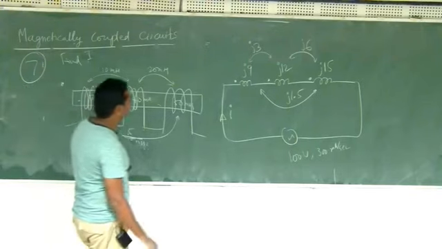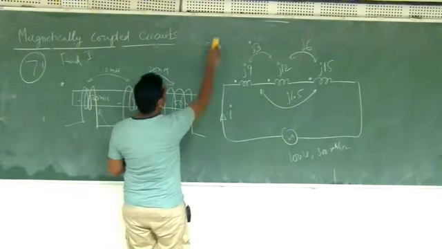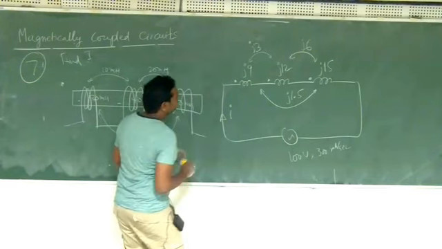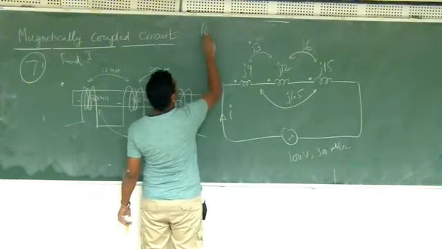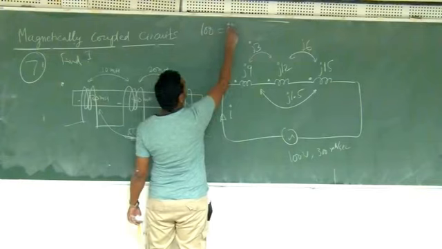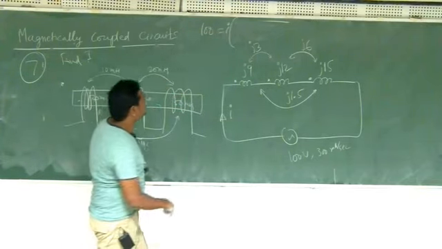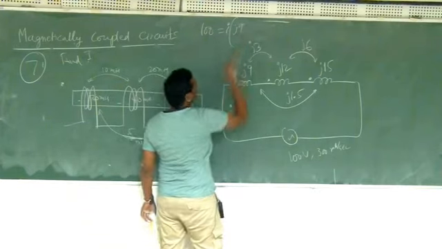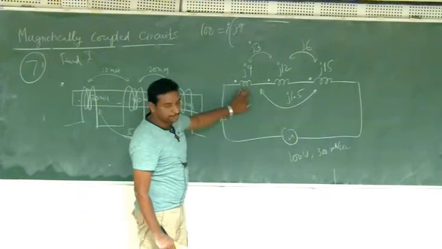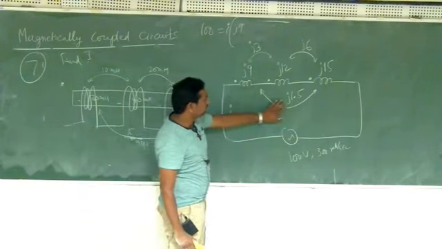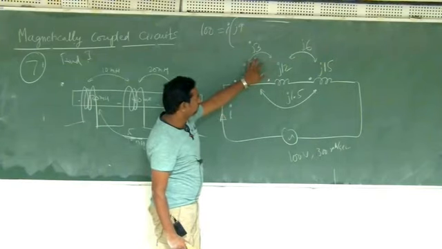So shall I write it here? See, 100 equal to I multiplied by, I get all the terms. One is J9, that is this one, plus J1.5 plus J3.